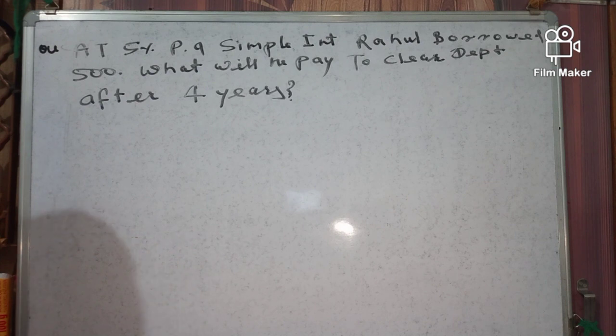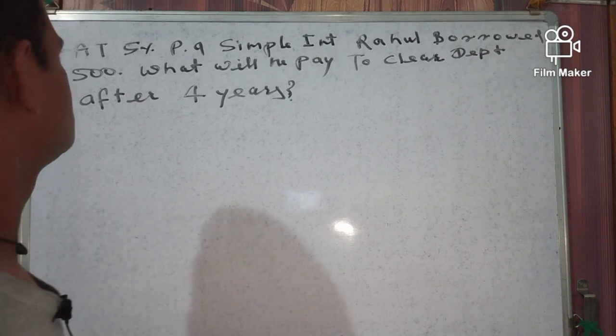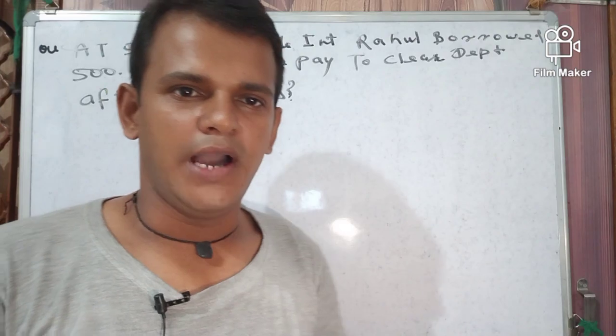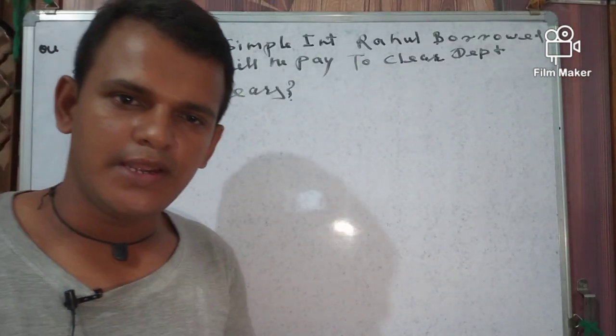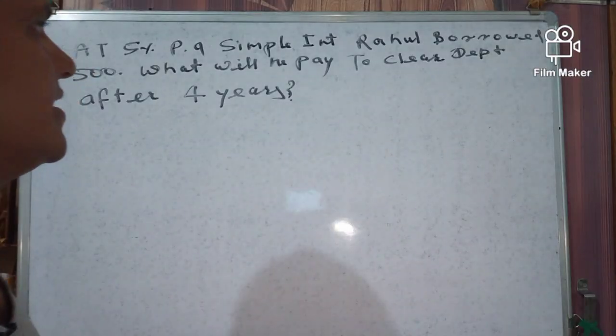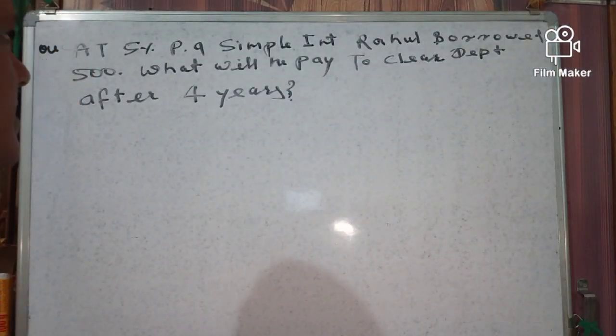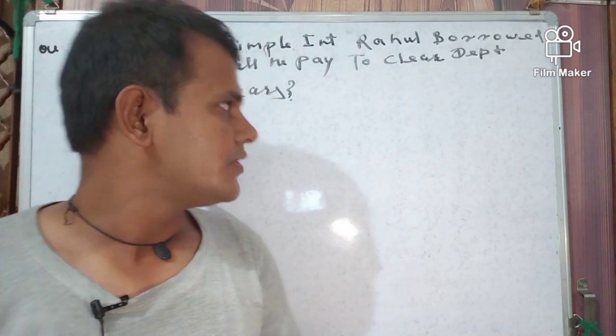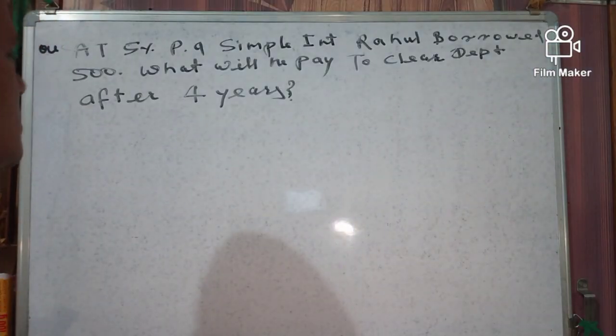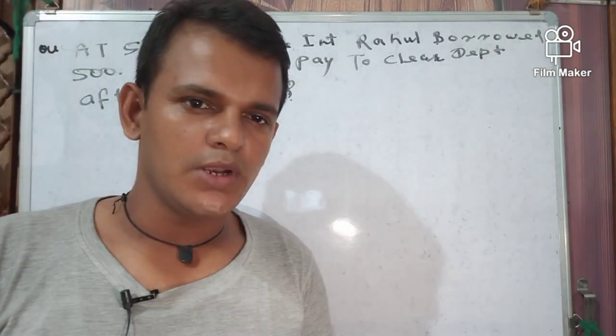So friends, here the given data is Rahul borrowed 500 at 5% per annum simple interest, right? And time is given as 4 years. So the question is asking what will be his total amount.